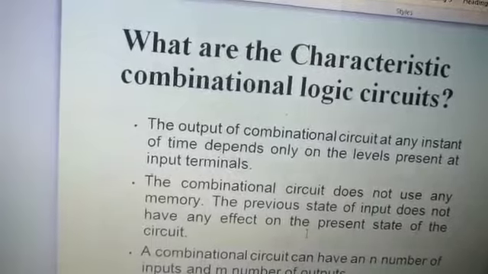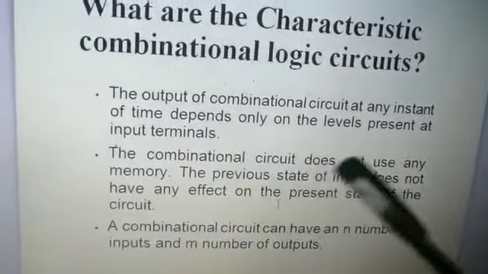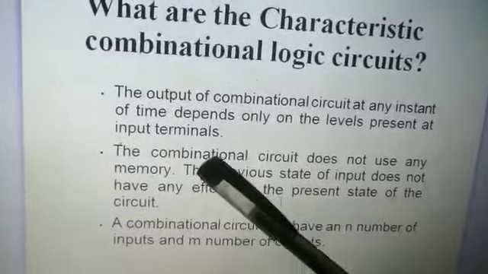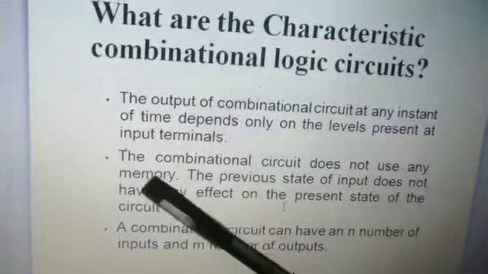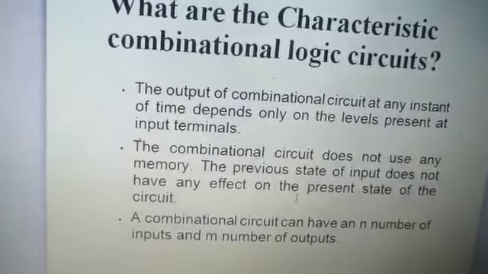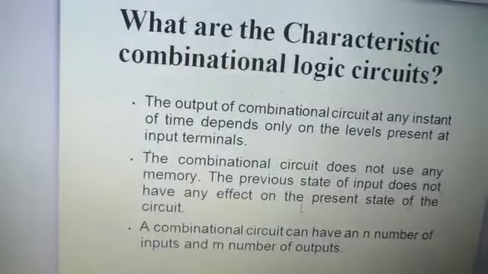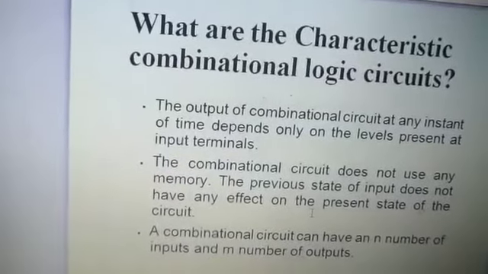The next feature is that the combinational circuit does not use any memory. The previous state of an input does not have any effect on the present state of the circuit. So it does not contain any memory space, and it will not be able to hold the previous output.